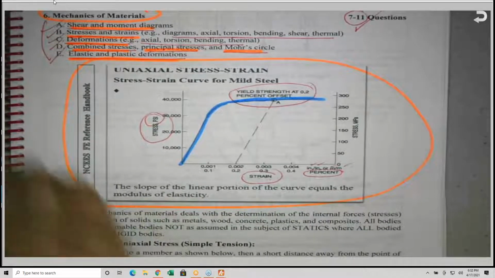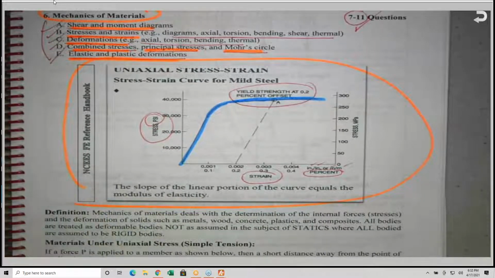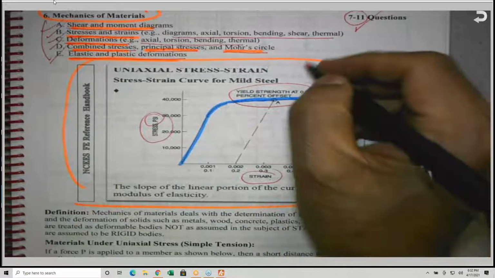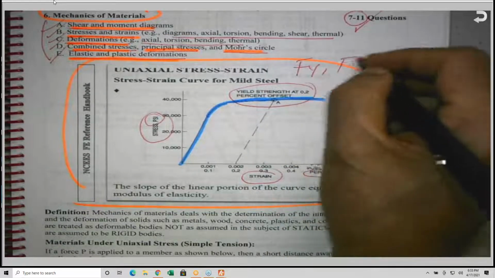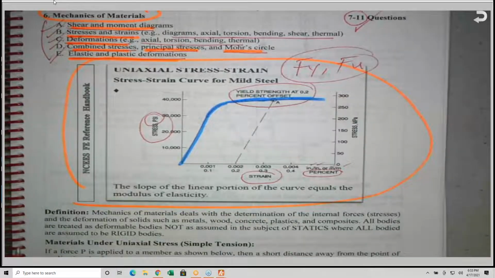You remember in the steel manual we have two numbers, the F sub Y and F sub U. These are properties. Let me bring the steel manual to show to you.